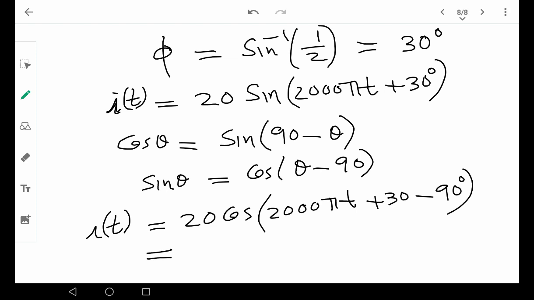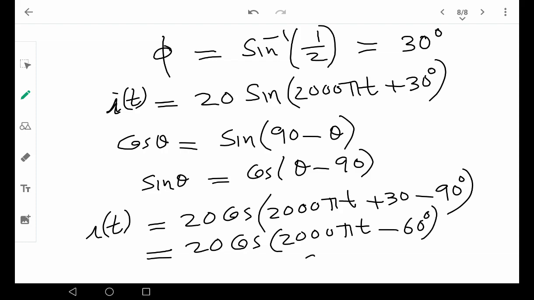So it will be 20 cos(2000 pi t minus 60 degree). So if you are expressing it in terms of cos, the phase angle is phi equal to minus 60 degree, right? That's how you have the thing.